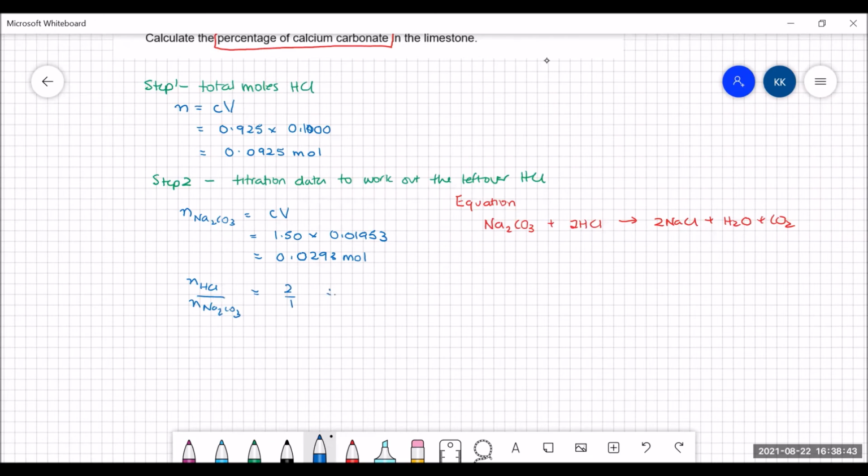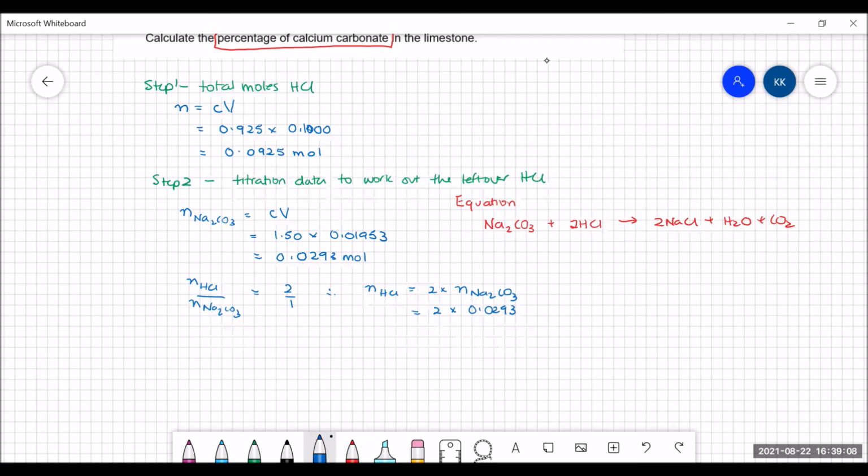And of course, a little bit of algebra tells you then that the moles of hydrochloric acid is twice the moles of sodium carbonate, which is twice 0.0293, but you're not going to use 0.0293. You're going to use the full answer in your calculator before you round it off.